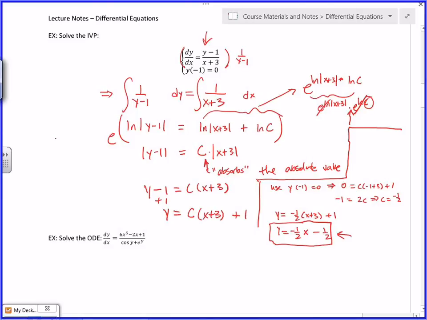Here's the way to plan ahead with the log of C business, why I introduced log of C instead of just C: if on the left-hand side you have 1 over a function of y, and you know you're going to get the natural log showing up with y inside, and your very first step for solving is going to be to exponentiate both sides, then use log of C instead of C. That's really the only time we'll ever do that.